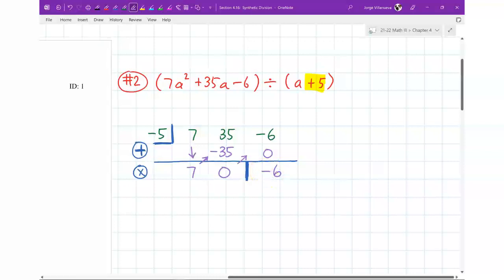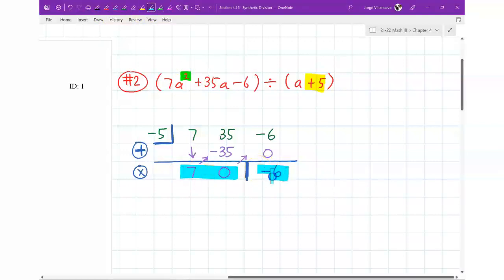I'm done. I just did all that long division. Okay? What does this mean? Whenever you do synthetic division, you see how we started with an a squared? The answers that I get on the bottom, these are my solutions right here, okay?